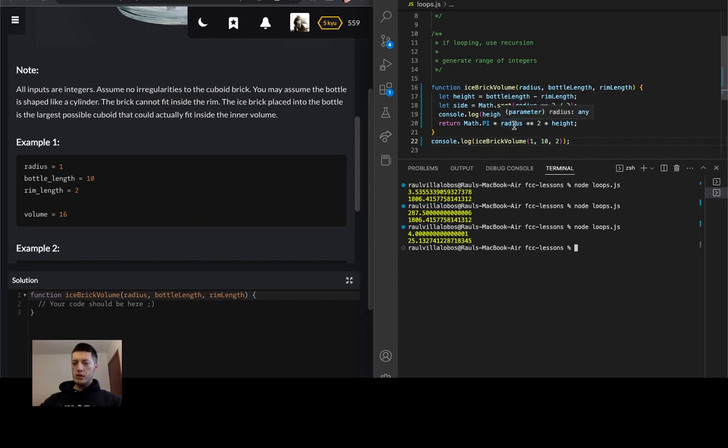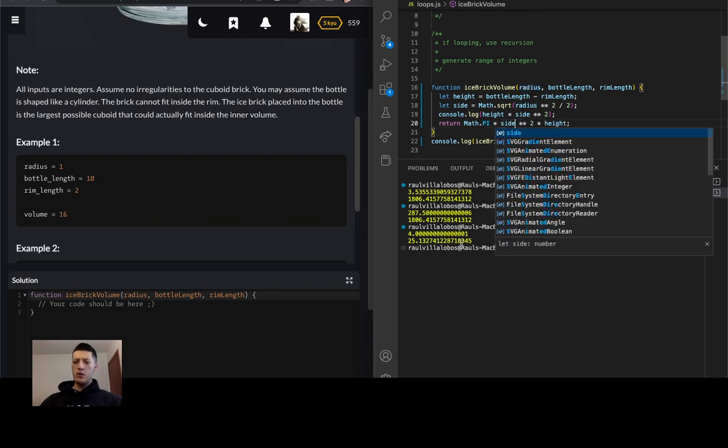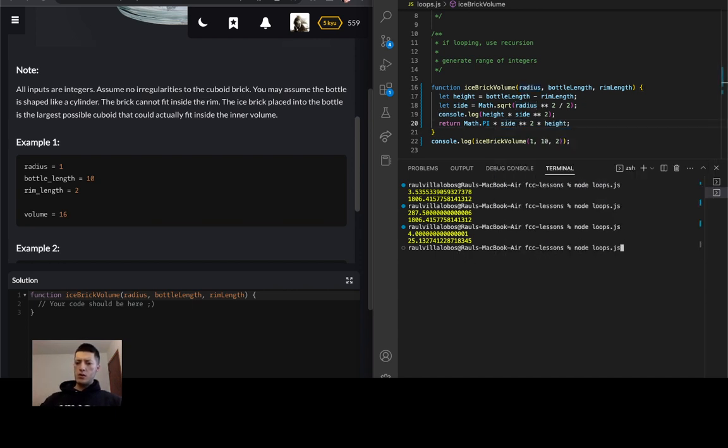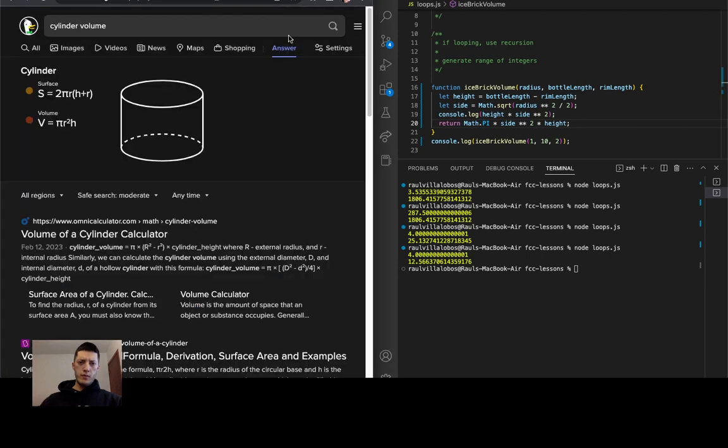No, it's side squared. This is the volume, so that's the radius.